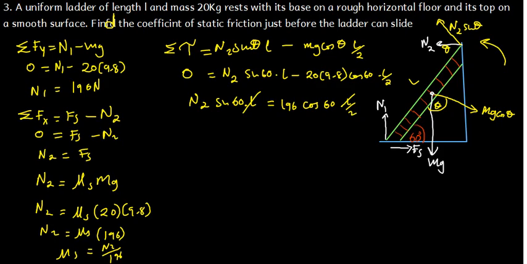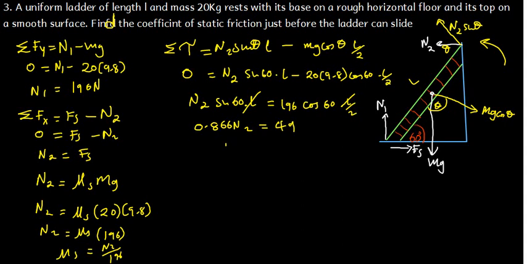So sin of 60 degrees is 0.866, and then N2 should be equal to cos 60, which is a half. So this is a half multiplied by another half there, that will be 1 over 4, and then multiplied by 196, that is 49.